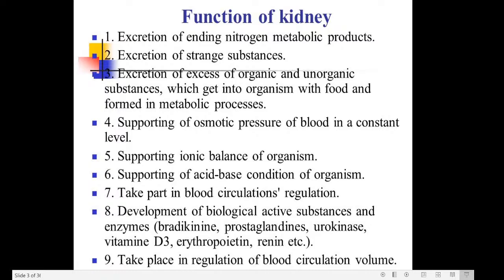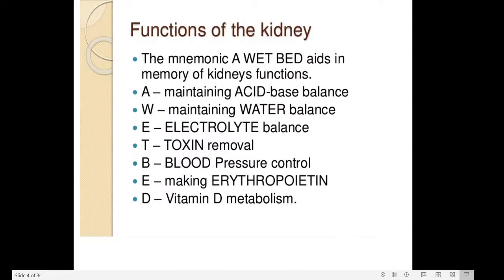In that they have enzymes, that is bradykinin and prostaglandin, urokinase, vitamin D3, erythropoietin, and renin. These are all involved in biological activity developed by the functions of the kidney. Then it takes part in the regulation of blood volume, blood circulation volume.